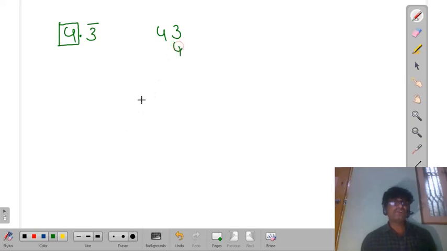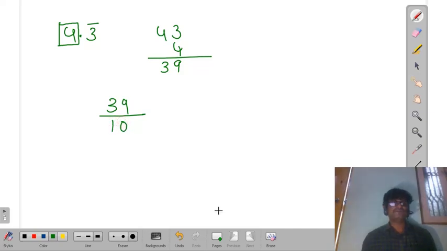So take 4 and subtract: 43 minus 4 gives us 39. So 39 divided by, after the bar how many digits do we have? One digit. So you write just 9, not 10. So 39 divided by 9.